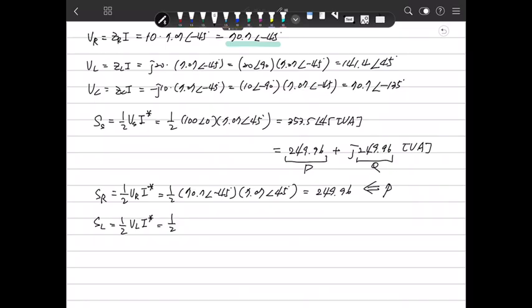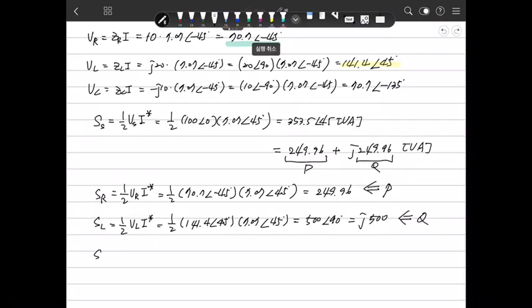Here VL is 141.4 at 45 degrees, and the current is 7.07 at minus 45, but conjugate is plus 45 degrees. Then the result is 500 at 90 degrees, so that will be j500. What's the meaning of that? This is a Q.